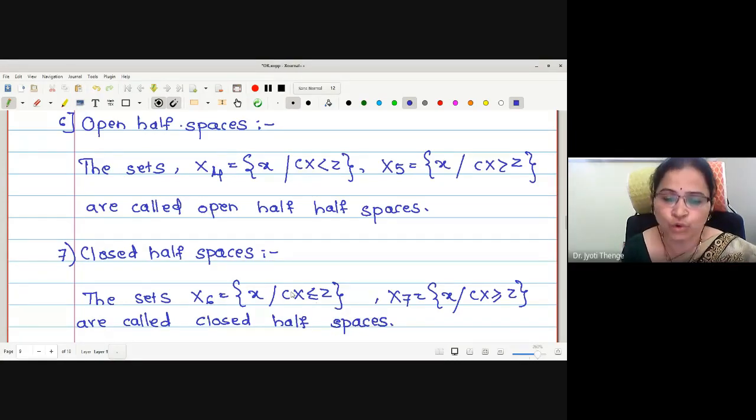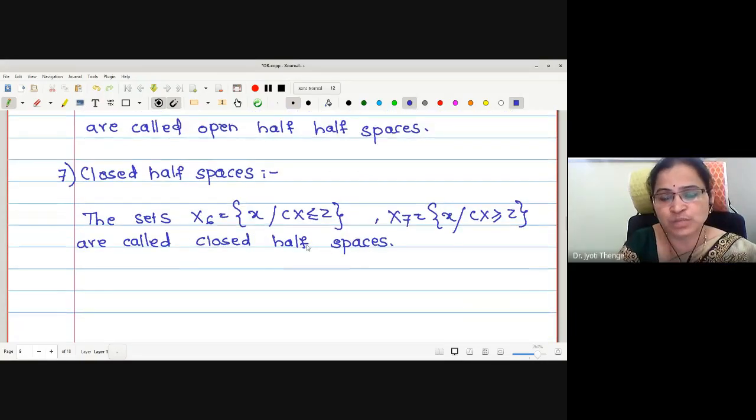Why are these closed? Because these spaces include the boundaries also. Any doubt up to this? No, ma'am.